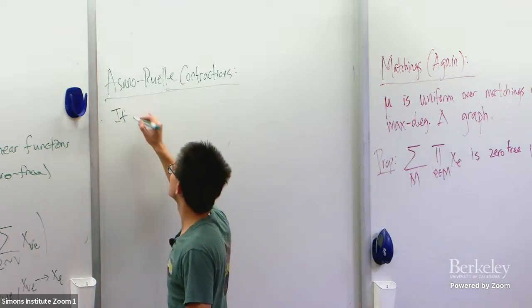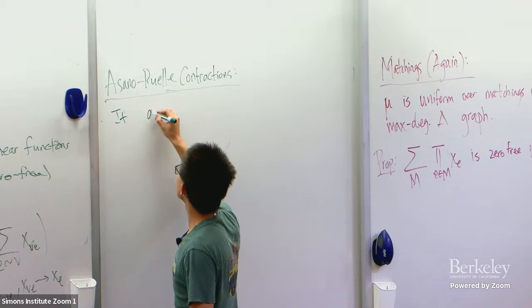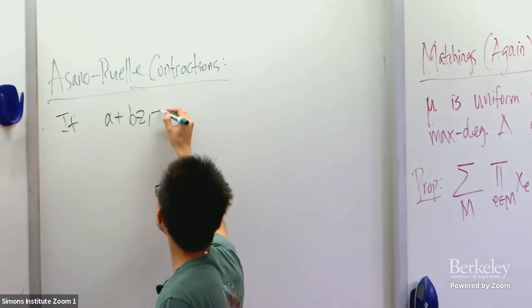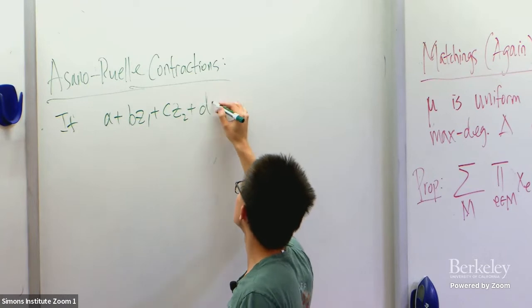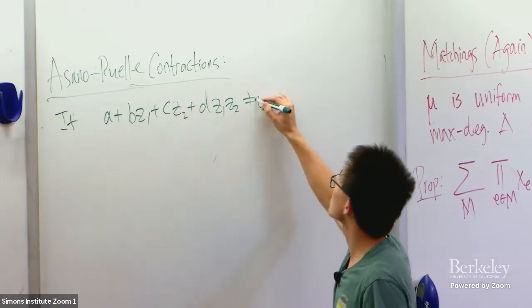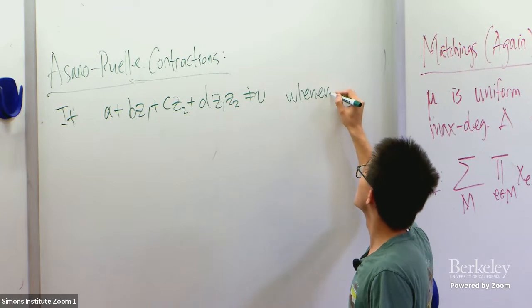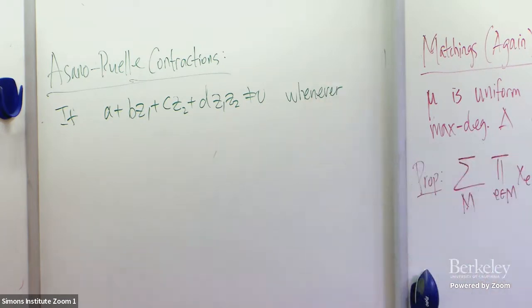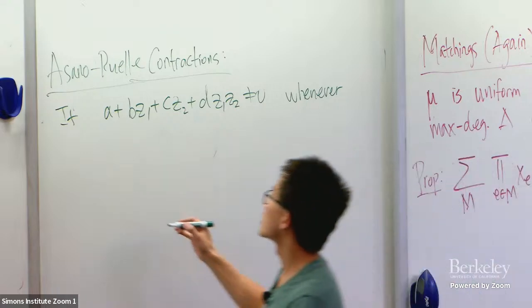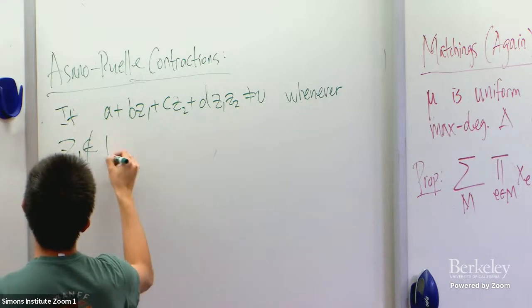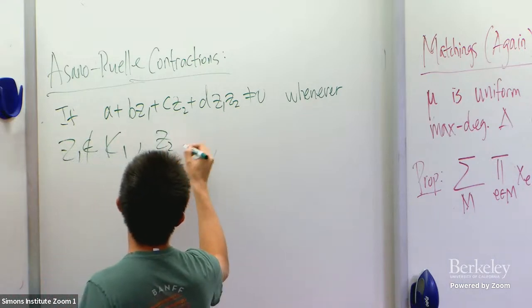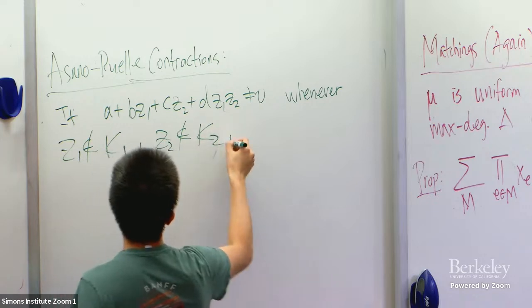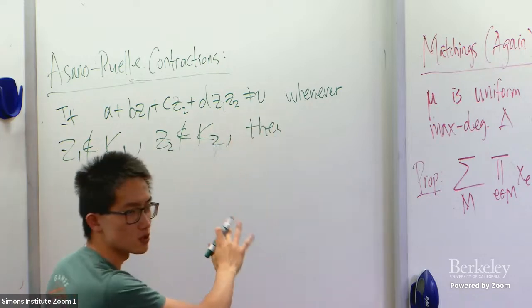If, let's say, the polynomial a plus b z1 plus c z2 plus d z1 z2 is non-zero whenever z1 is not in some set K1 and z2 is not in some set K2, then I'll give some examples of these zero-free regions in a moment.